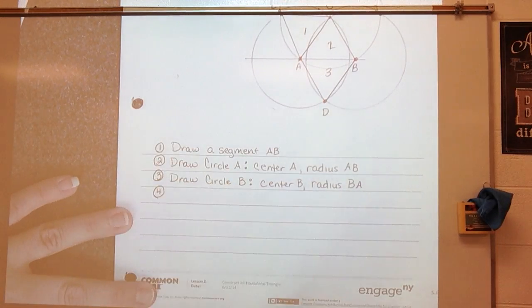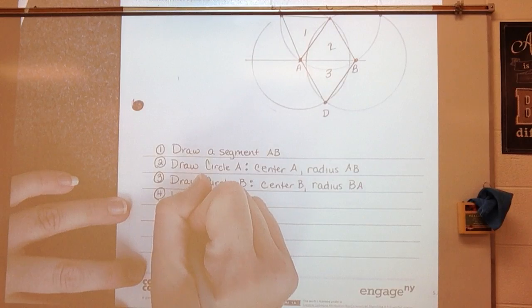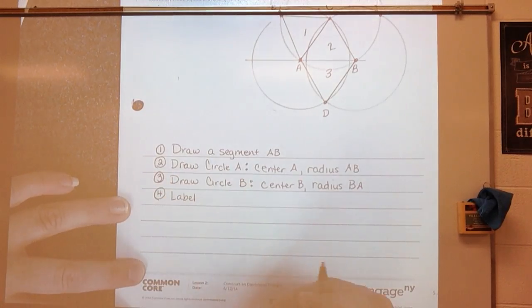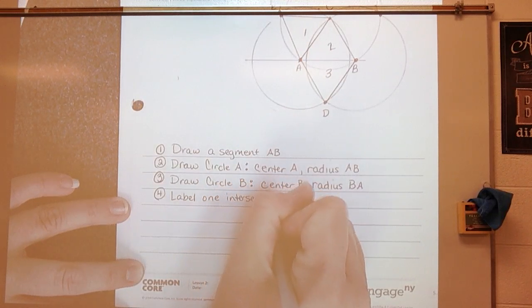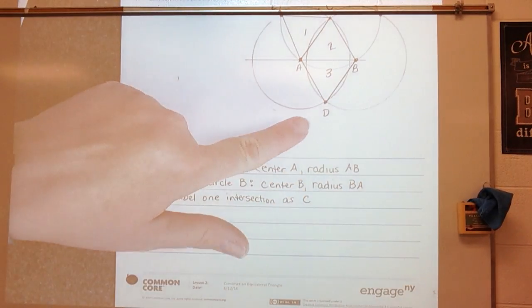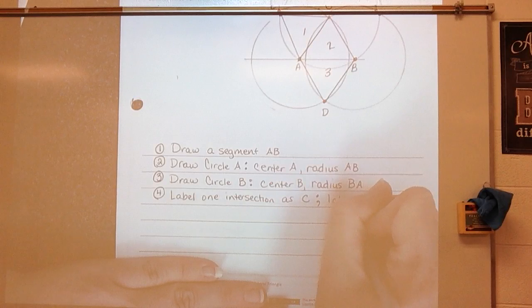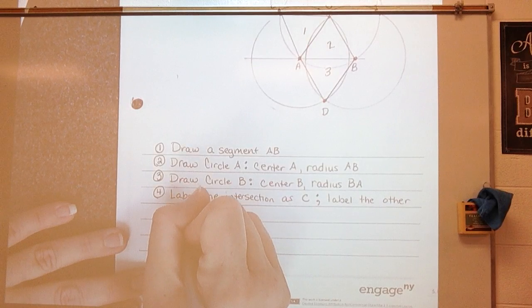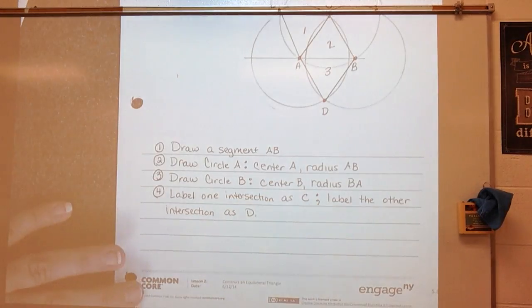So at this point, we're going to label one intersection as C. And then probably we need to say label the other intersection as D. So now we've got A, B, C, and D labeled.